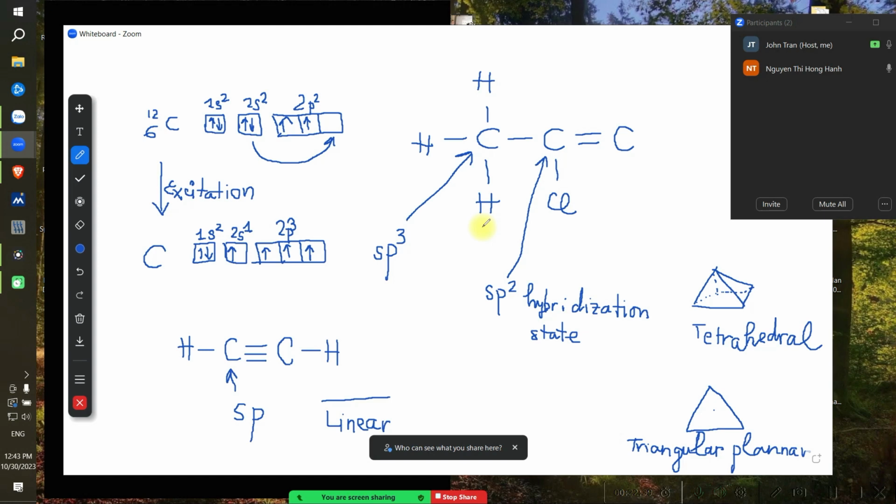Ví dụ nó có hỏi là cái liên kết giữa H và C là có cái hybridization bao nhiêu không thầy? No, thường là hỏi C mà. Normally it's only the hybridization of the C that is important, but the others are not. Thường người ta nói lai hóa thì thường nói lai hóa của carbon thôi. Mấy cái khác không quan trọng lắm đâu. Okay, does that answer your question?